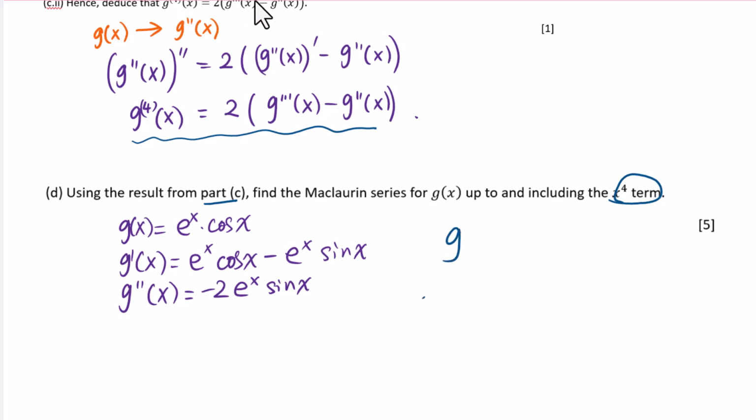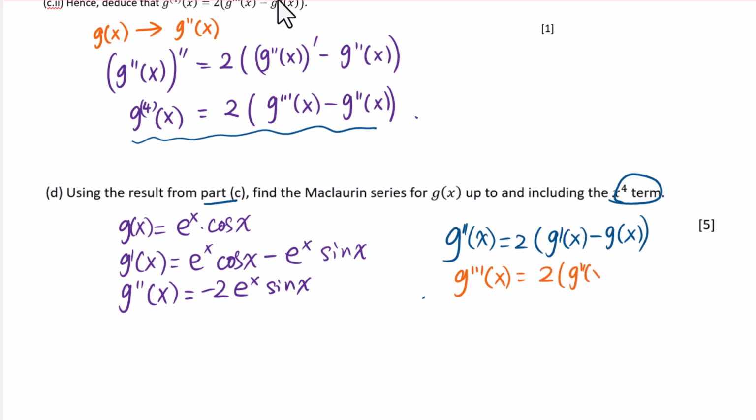We know this is the formula. G double prime of x equals 2 times g prime of x minus g of x, which means g triple prime of x equals 2 times g double prime of x minus g prime of x.